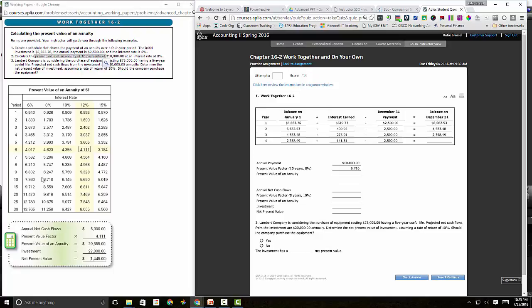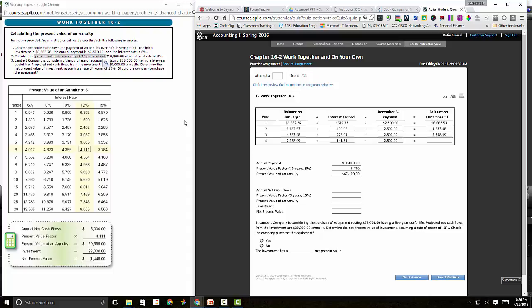See that number? 8%, 10 years. Okay, multiply that across. Oops. So that is the present value of 10 payments of $10,000 at an interest rate of 8%.